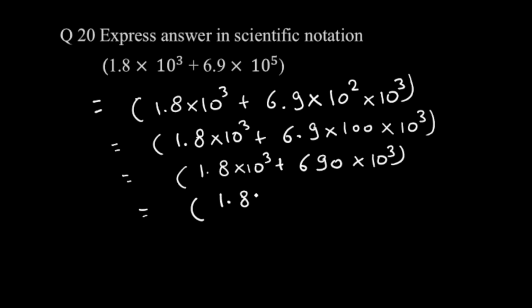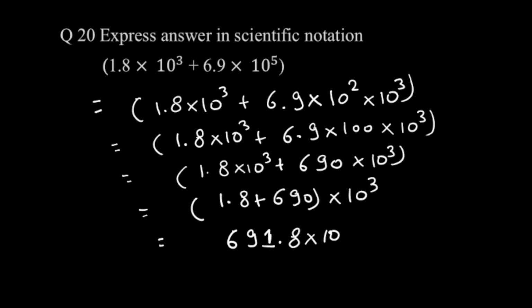So 1.8 plus 690, multiply 10 to the power 3. What is the value when we add 1.8 plus 690? This will be 691.8 multiply 10 to the power 3.